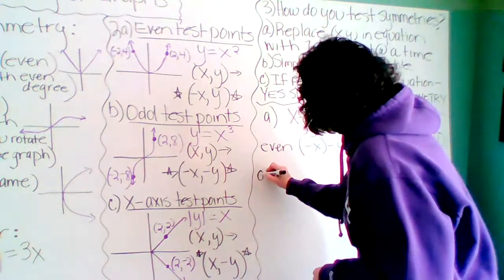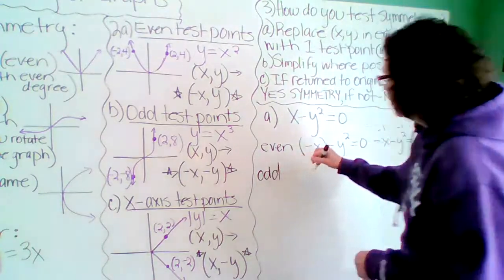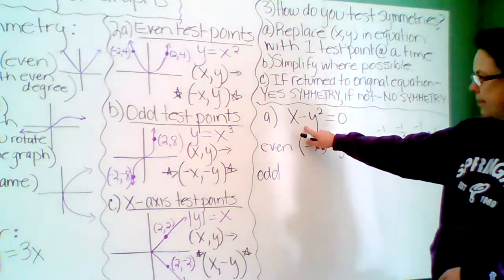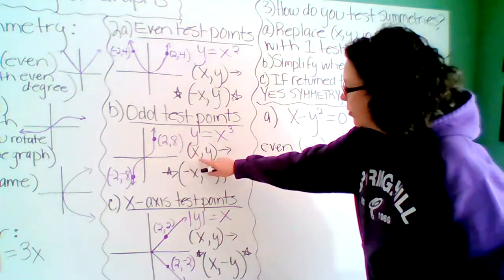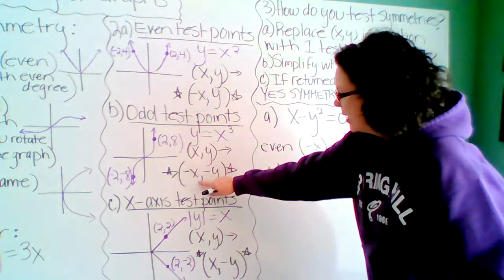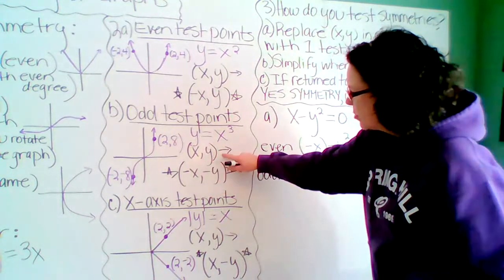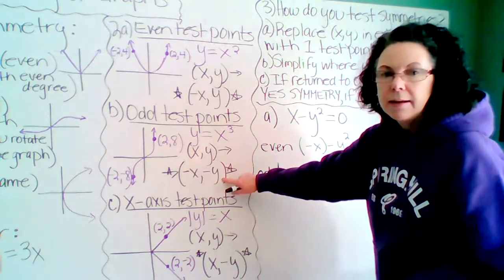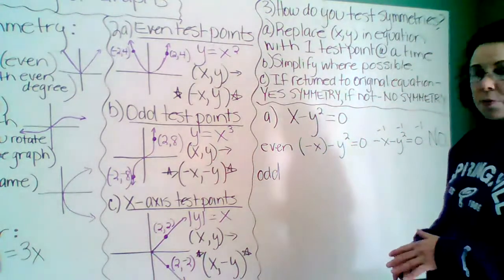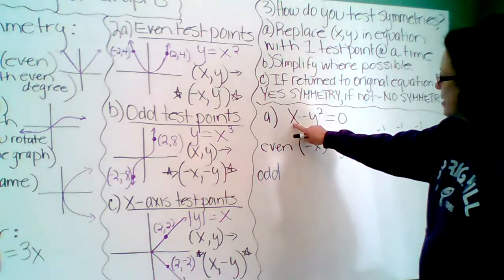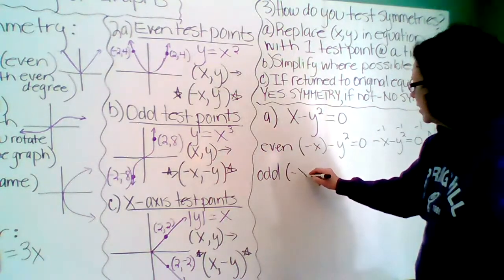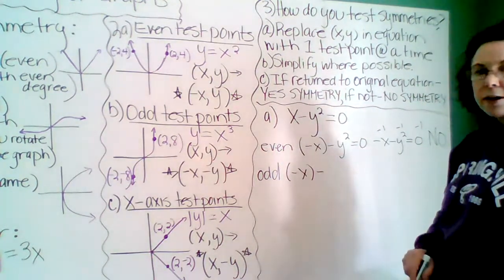Let's try odd symmetry. With odd, we go back to the original equation, right? Wherever there was an x, we put in a negative x. Wherever there is a y, we put in a negative y, and we use parentheses to do that. So for this x right here, I'll put in a negative x. Be careful here.